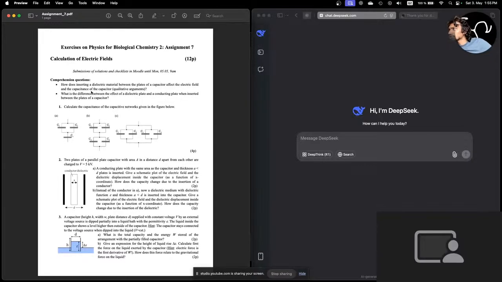So how does inserting a dielectric material between the plates of a capacitor affect the electric field and the capacitance of the capacitor?